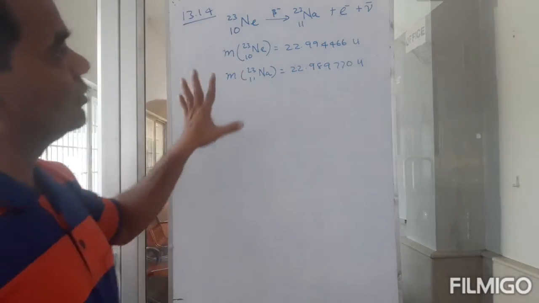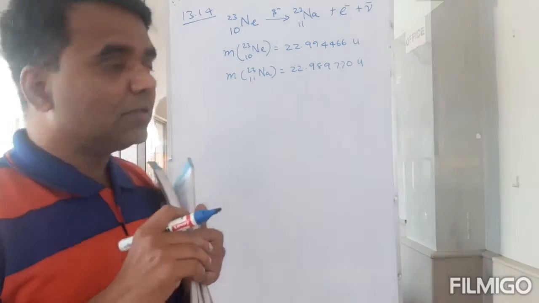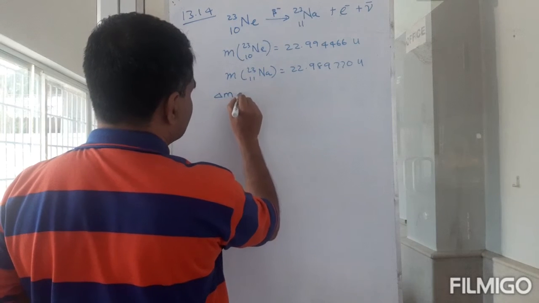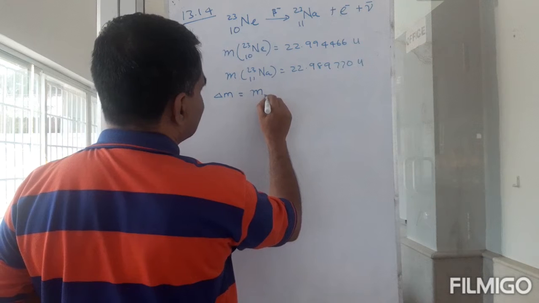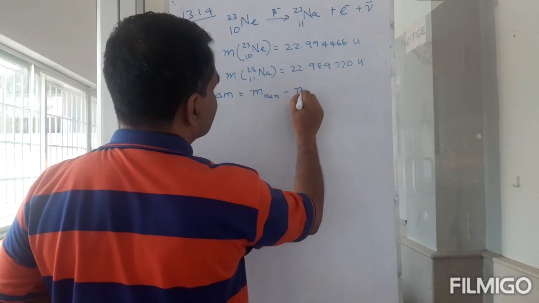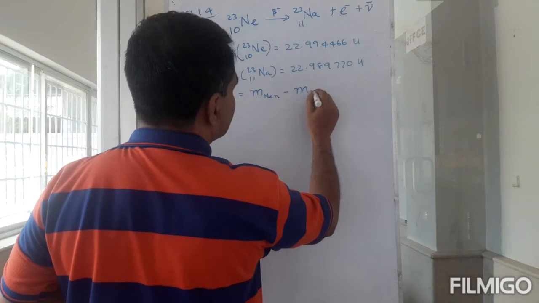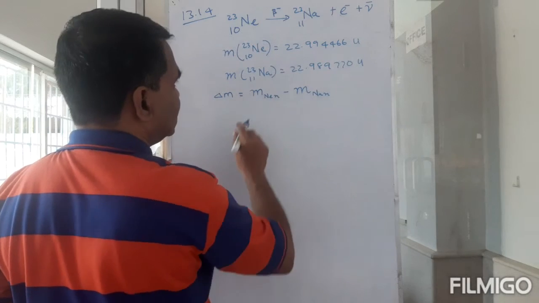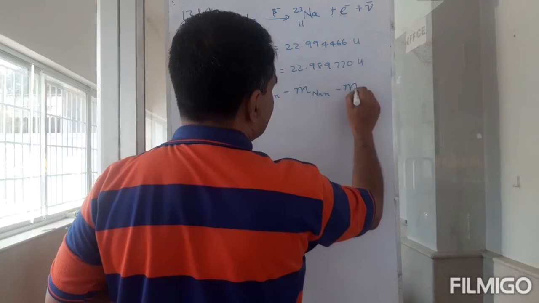So what you have to do is find delta M. But what is delta M? Delta M is going to be the mass of neon nucleus minus the mass of sodium nucleus, and then we lost an electron, so minus the mass of electron.